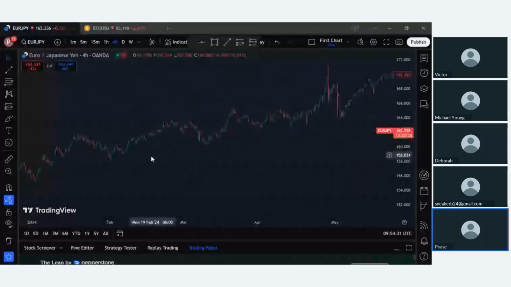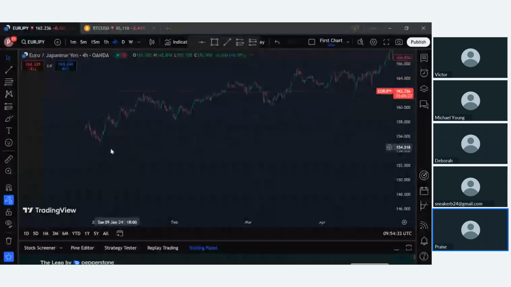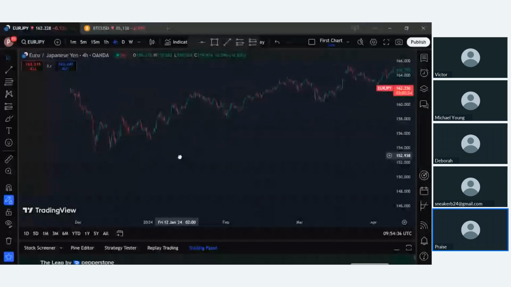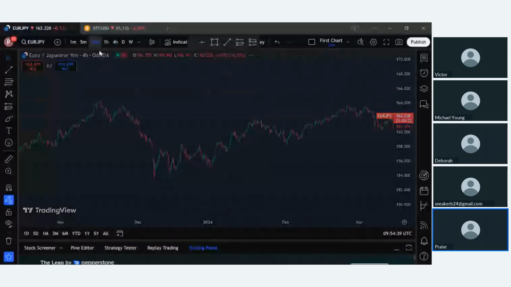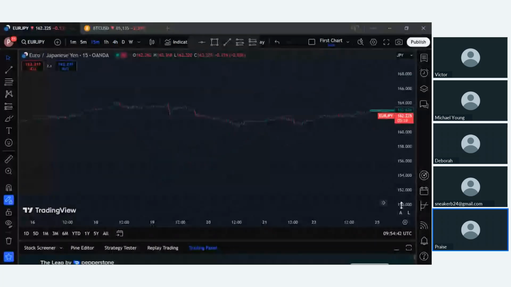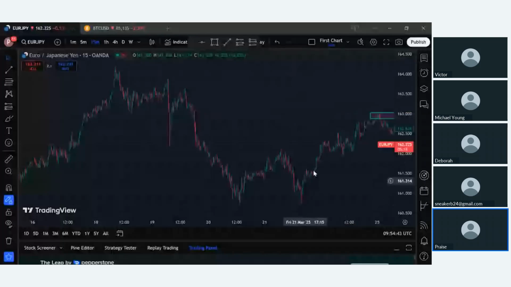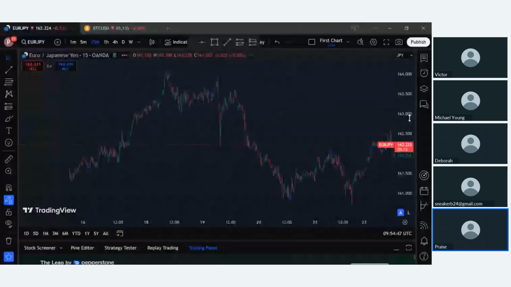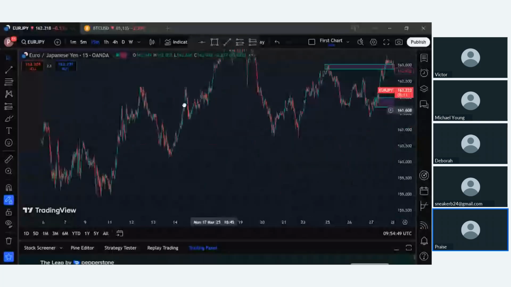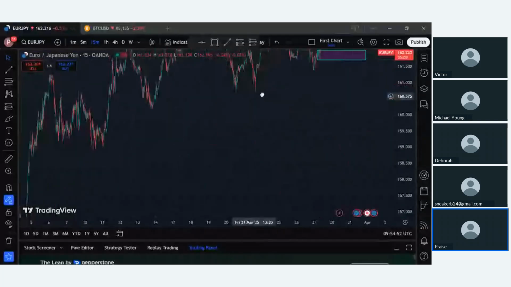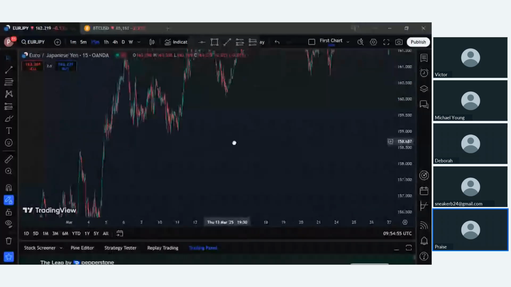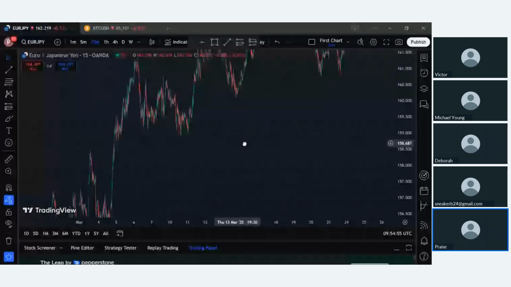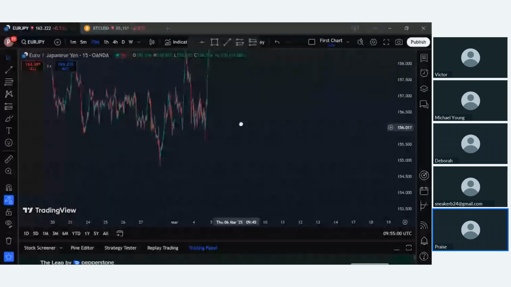I'm looking for a market that behaves in that manner so that I can show you. So maybe let's use a lower time frame. Right, look at the example here. Let's use this first example.